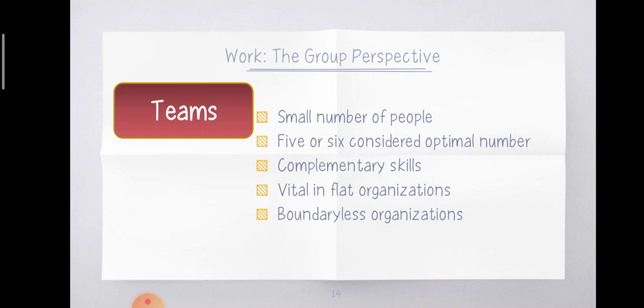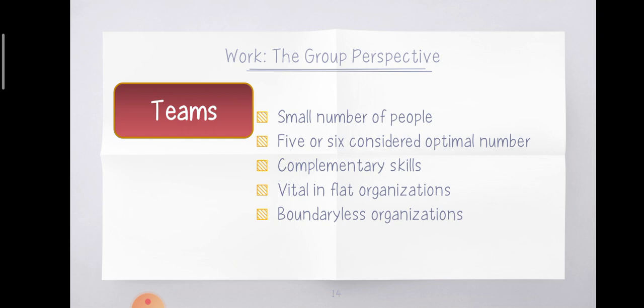Now let's go deeper. What is a team or a group perspective when it comes to workflows and job analysis? Okay, so what is a team? A small number of people, 5 or 6 considered optimal, with complementary skills, vital in flat organizations and boundaryless organizations.